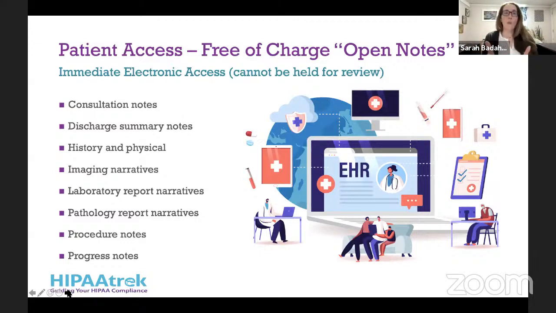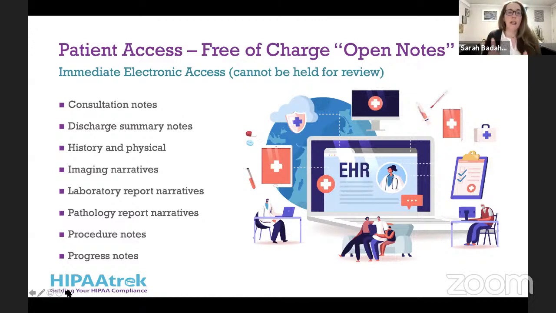However, with open notes, you are not allowed to withhold any of these data points: consulting notes, discharge summary notes, H&Ps, imaging, laboratory, and pathology report narratives, procedure notes, and progress notes. They cannot be held for review. In fact, underneath the Cures Act information blocking, this information must be immediately released for electronic access. It cannot be held for review.